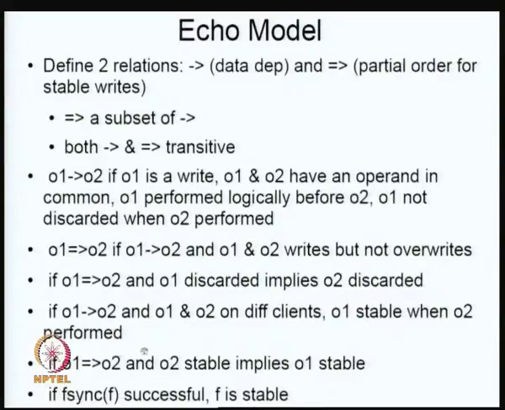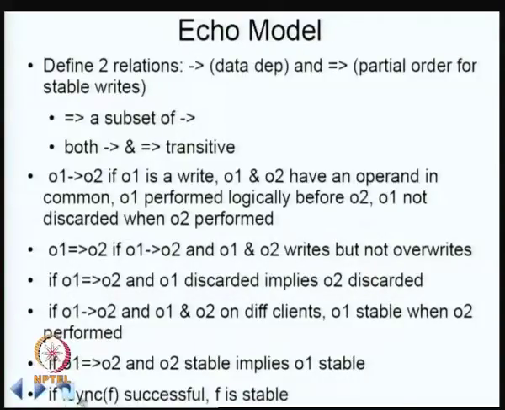Now, in terms of ordering for stable writes, if O1 has to be made stable before O2, then if O2 is stable, that means O1 has to be stable.